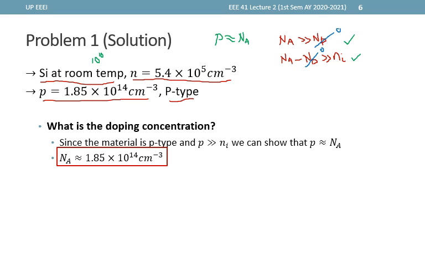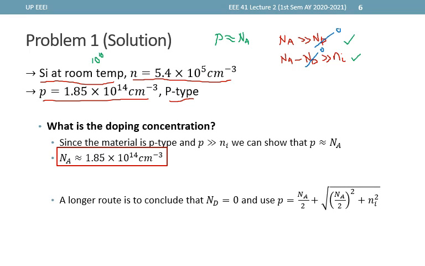Now, if you're not very comfortable with that flow of logic, then you can go for the longer route, which is to again assume that there's only one type of dopant in the material. Since the material is p-type, assume that Nd is equal to 0, then use the long formula.